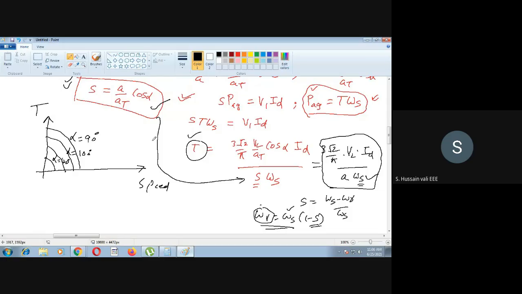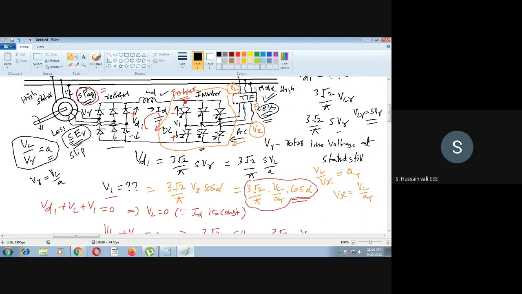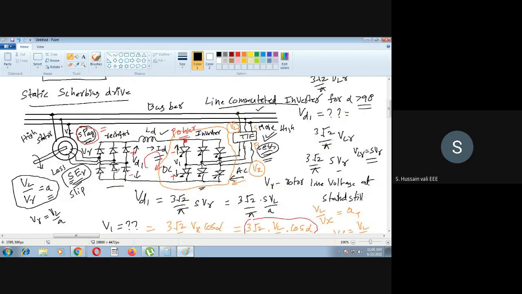I will draw another circuit diagram for the same static Scherbius drive, but only one change I will make. Instead of having the uncontrolled rectifier here, we will have a controlled rectifier.